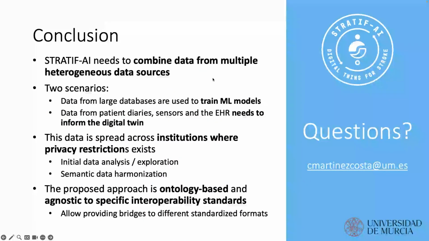So to conclude, in Stratify, we have the power of having a lot of data, but also the challenge to combine this data, which is very, very heterogeneous in many senses. And we have to combine and integrate this data in two different scenarios.